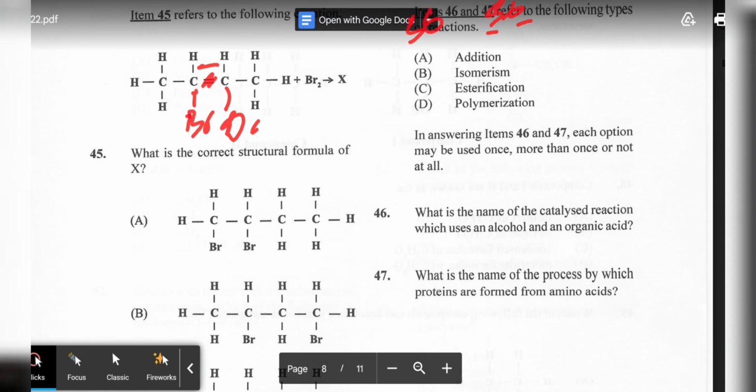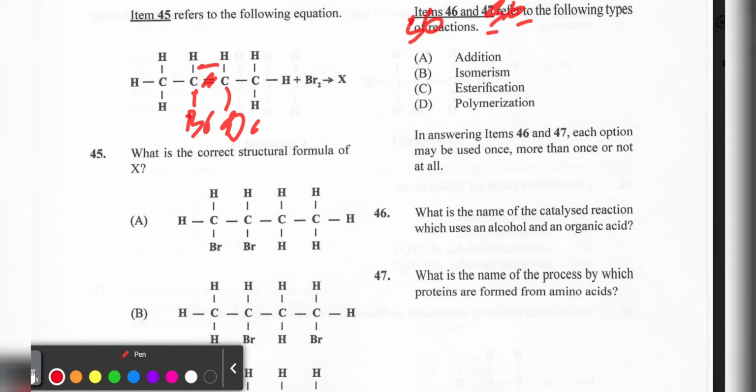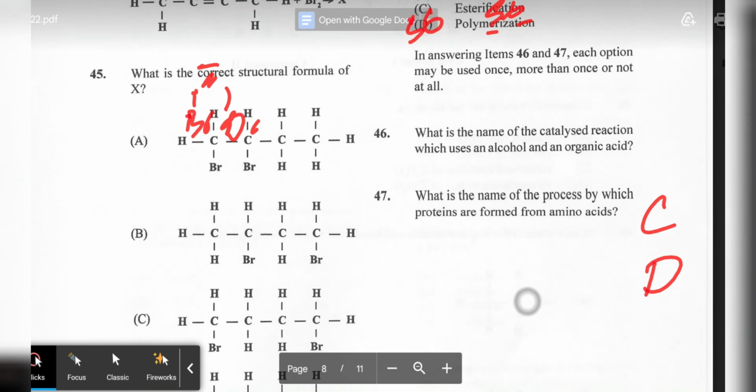So that is going to be C. It is, yeah, esterification. I was looking to see if condensation was there because it is condensation. The mechanism involves condensation, right? What is the name of the process by which proteins are formed from amino acids? And that is actually polymerization, which is D. Okay, and it's condensation polymerization in this case.